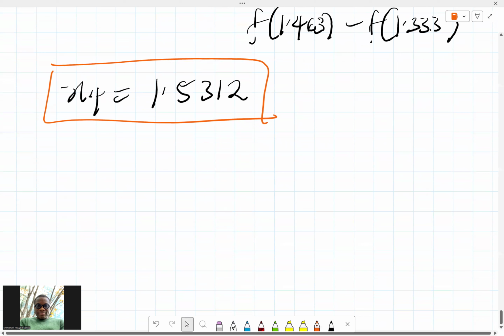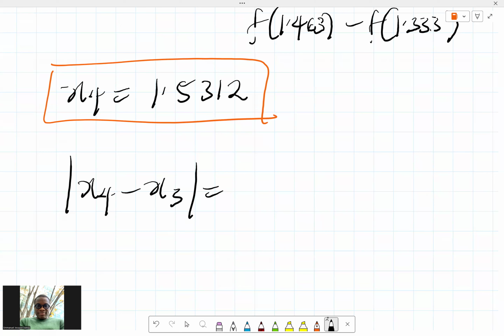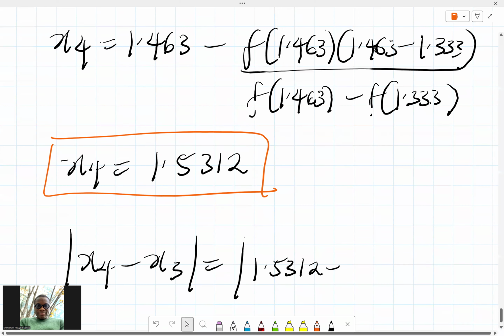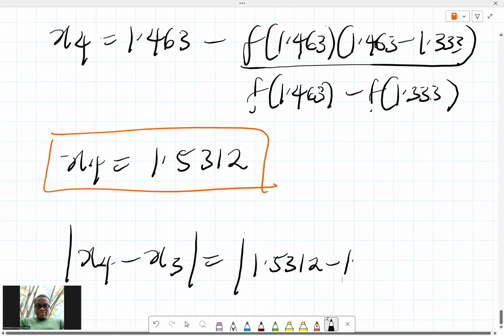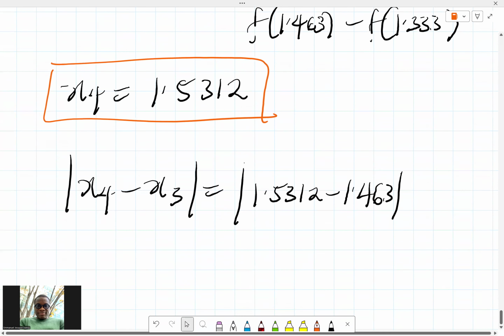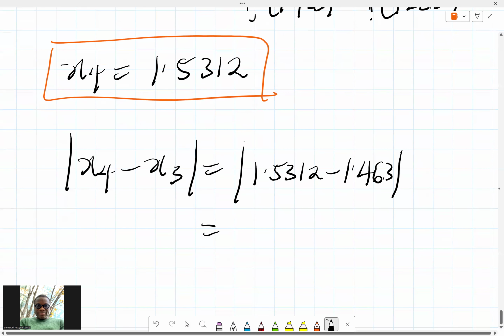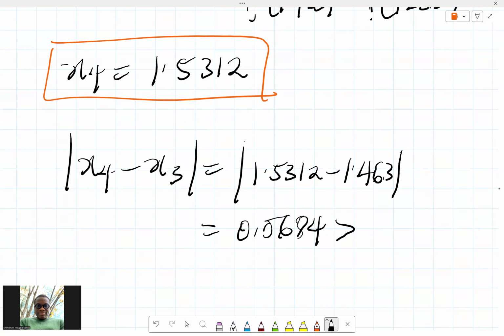So that's x4. The next thing is we want to check, have we arrived? So the absolute value of x4 minus x3, that is the absolute value of 1.5312 minus 1.463, and that is like 0.0684, which is greater than 0.01.